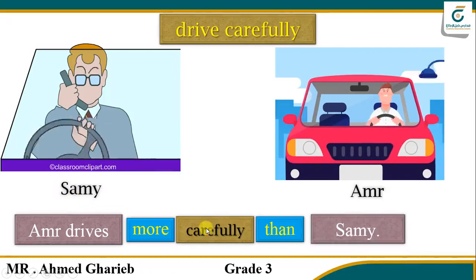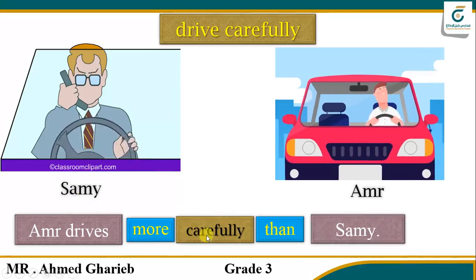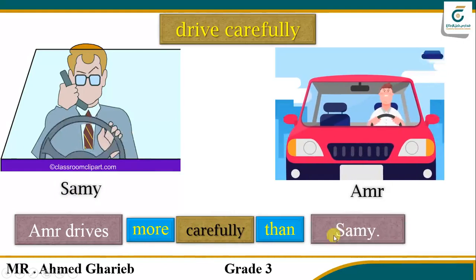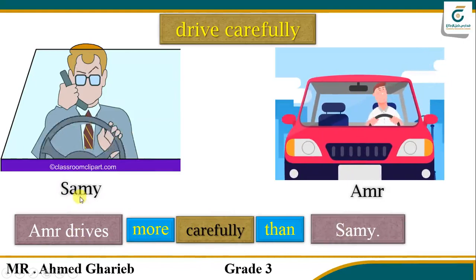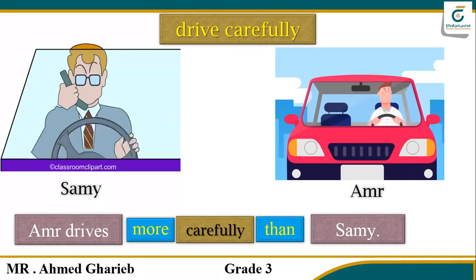What did we do? We added more before the long adverb to compare between Amr and Sammy when they do the action of driving the car carefully. Okay? That's about the comparative adverb.